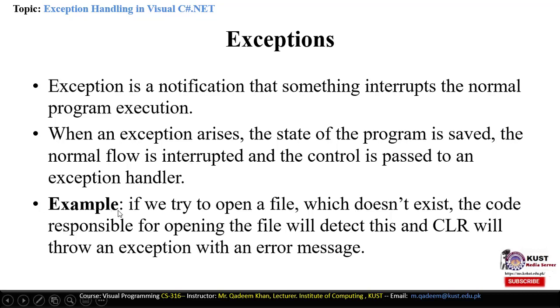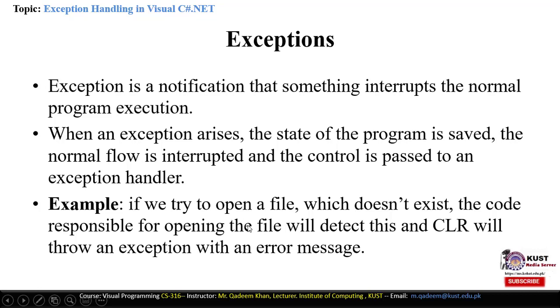Now, for example, if we try to open a file which doesn't exist in the directory, then the particular code responsible for opening the file will detect that there is a problem in opening the file because the file is not available.